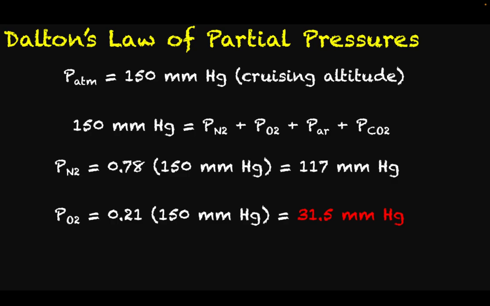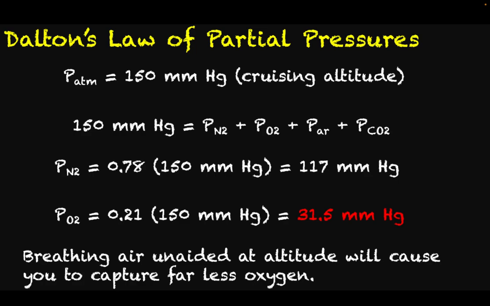So if you're at cruising altitude and you do not have cabin pressurization and you do not have supplemental oxygen available, every time you breathe, you are actually obtaining far less oxygen than you were before. So that is kind of a problem.